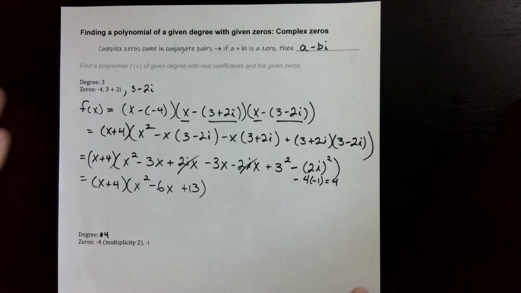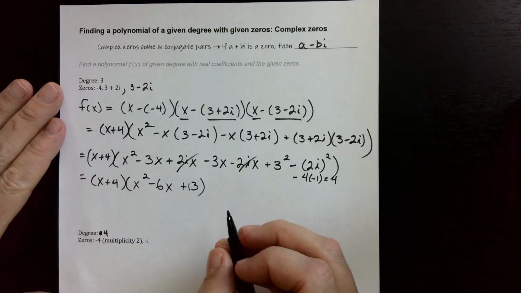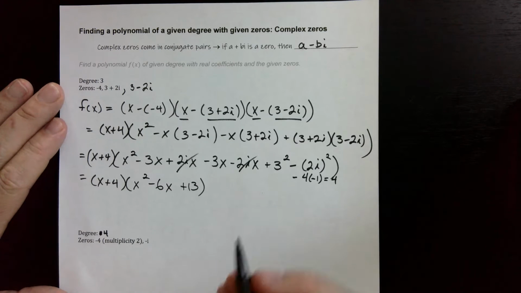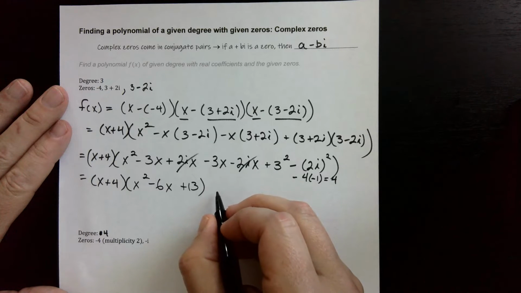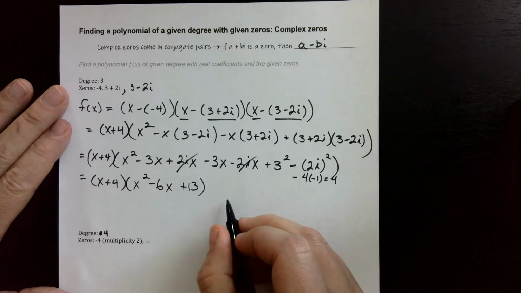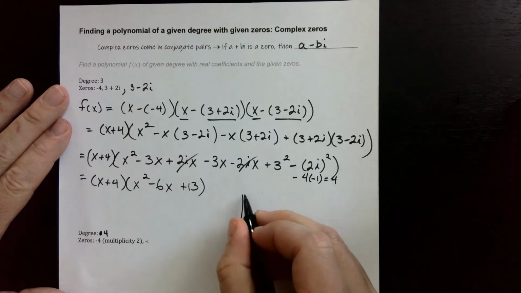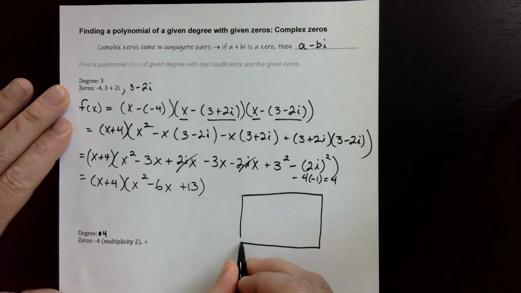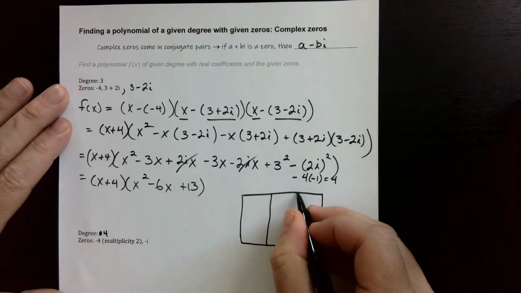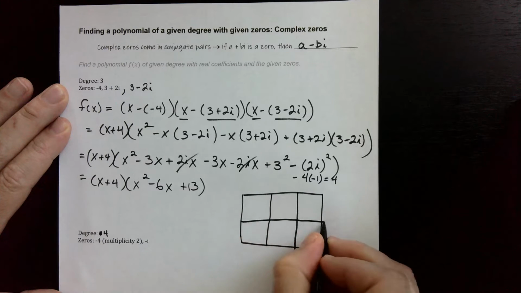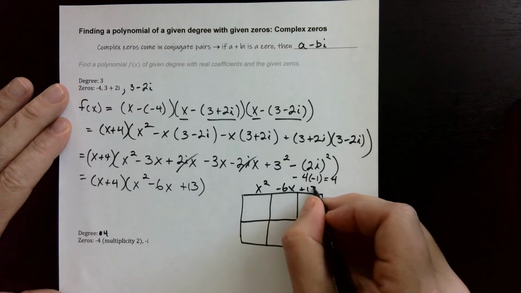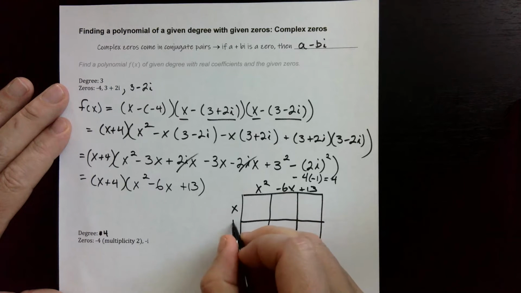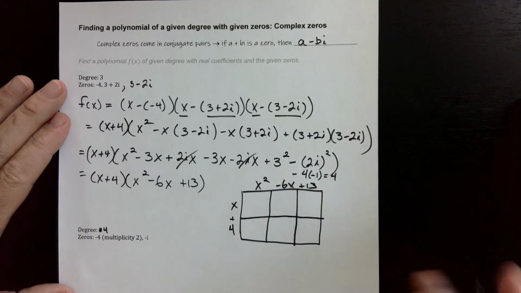That takes care of that. Now we can finish multiplying it out, assuming they want it written this way in the problem. I like using the box, since it keeps things organized nicely. The 3 terms go on top, x squared minus 6x plus 13, and on the side we put x plus 4. Let's fill in the boxes by multiplying.